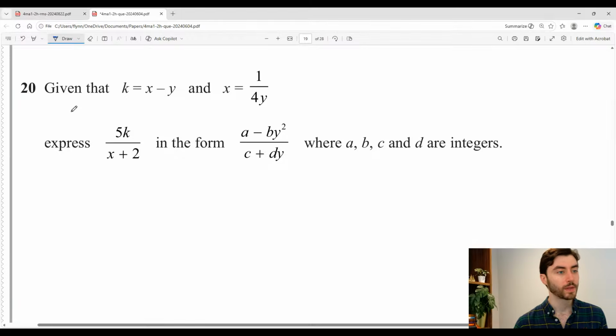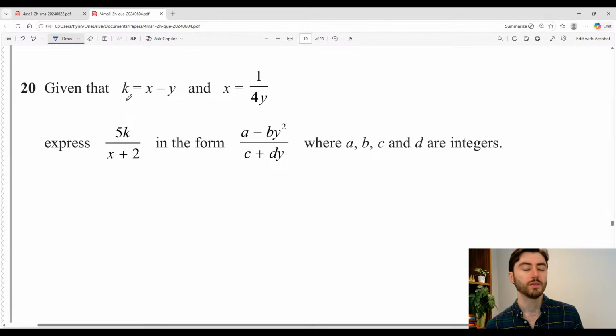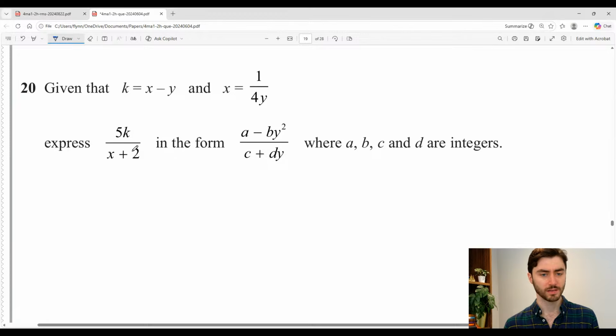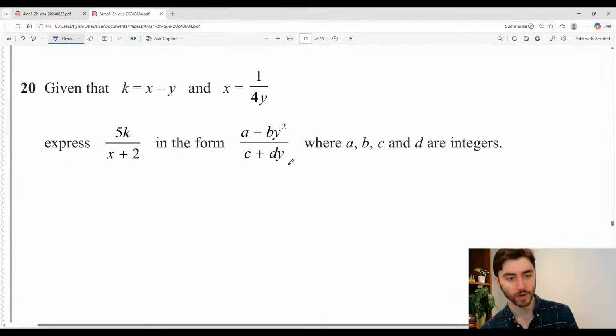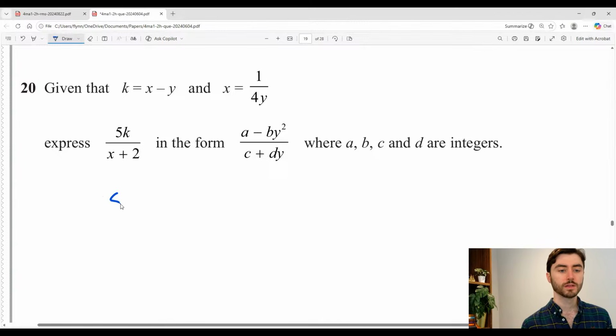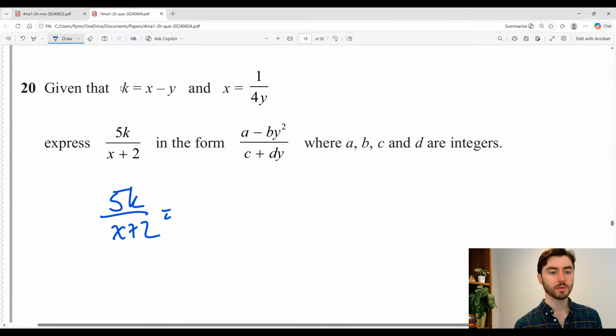So let's see. Here, given these two things, express this thing in terms of that thing. Okay, so we want to write it all in terms of y. So 5k over x plus 2. Well, I can substitute what k is.